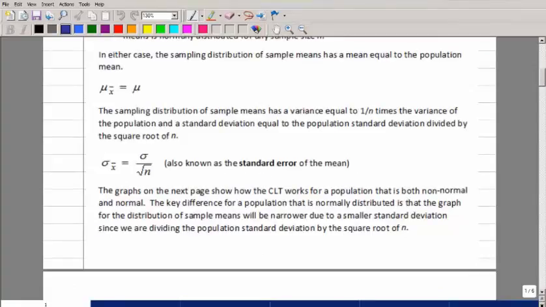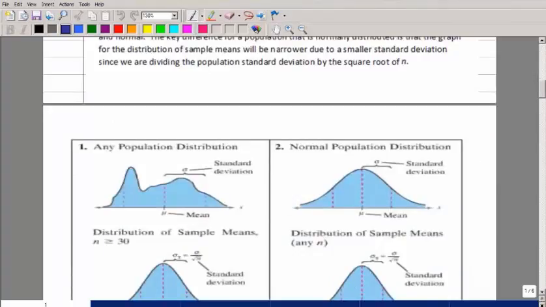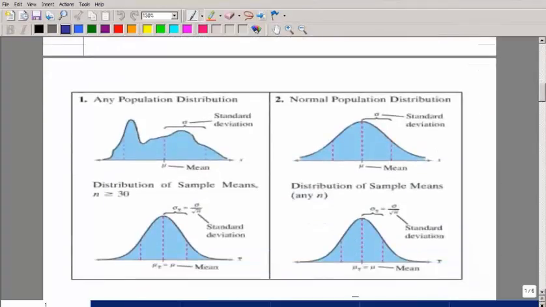Now let me just show you a couple of graphs here, and let's take a look at what's going on. This graph number 1 shows some population distribution with a kind of mountain shape, certainly not normal. So there's no way that you could calculate a normal probability on random variable x. It would be an inaccurate result to say the least.